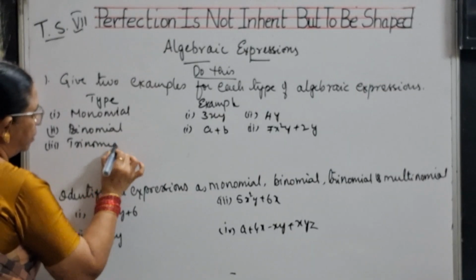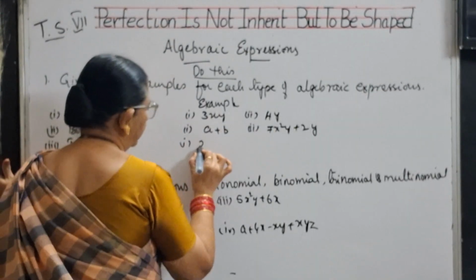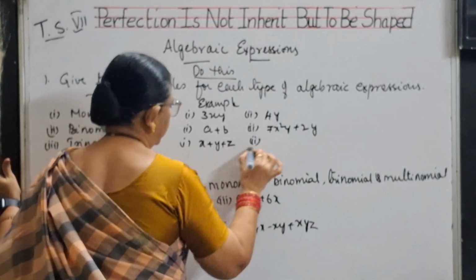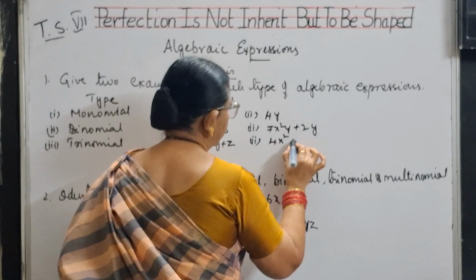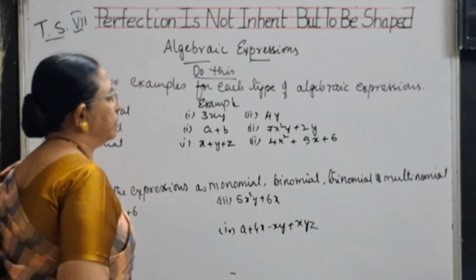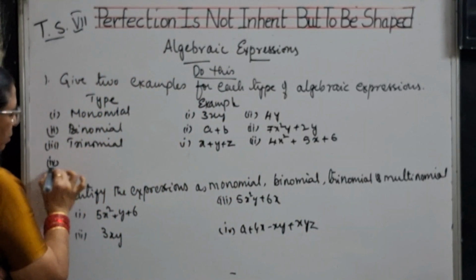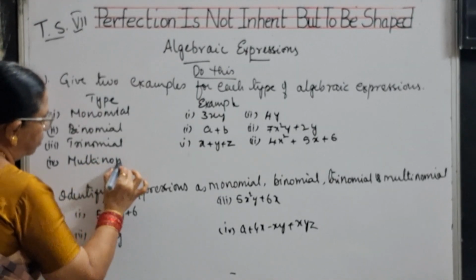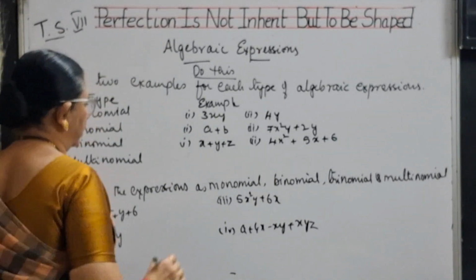Then trinomial. Example, first one, I'll write x plus y plus z, and second one, 4x square plus 5x plus 6. This is trinomial. Next, fourth one, multinomial. Multinomial means many, I said.